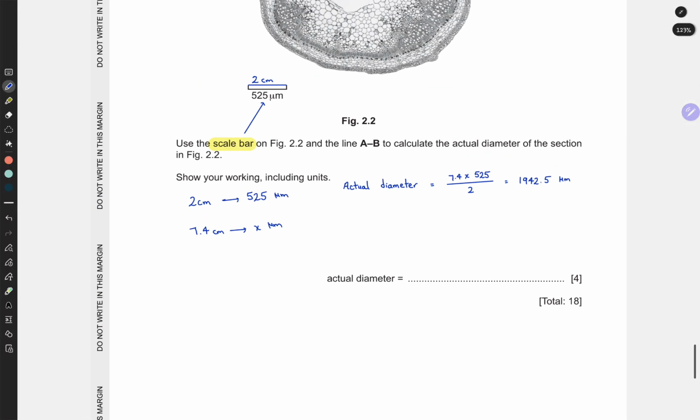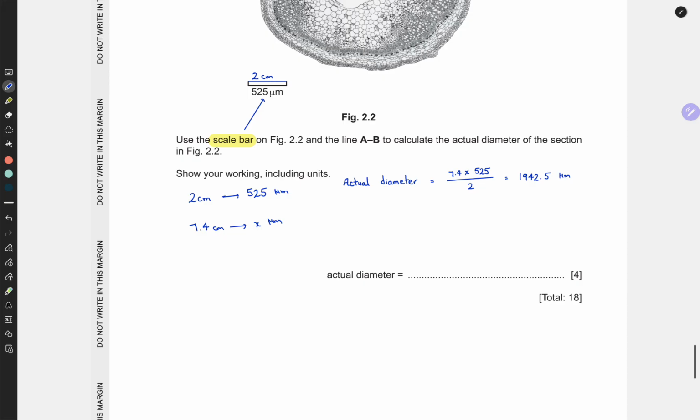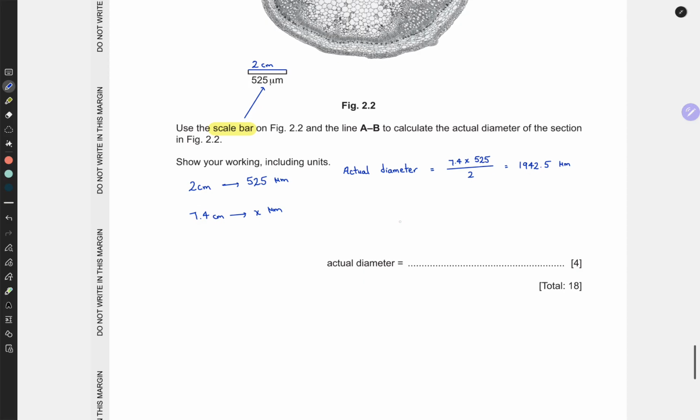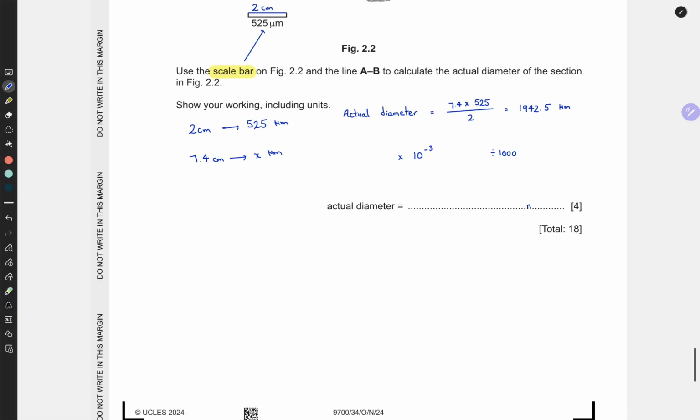So the actual diameter is 1942.5 micrometers. To make it easier, you can multiply it by 10 to the power of -3, or divide it by 1000, to convert it to millimeters.